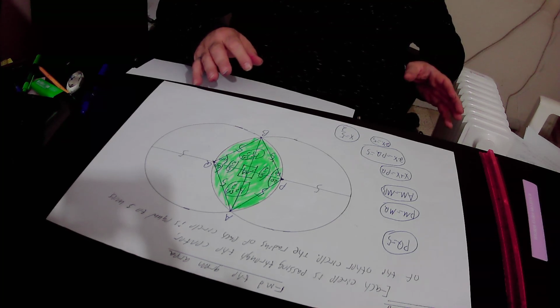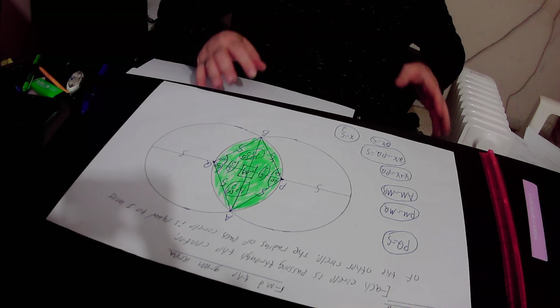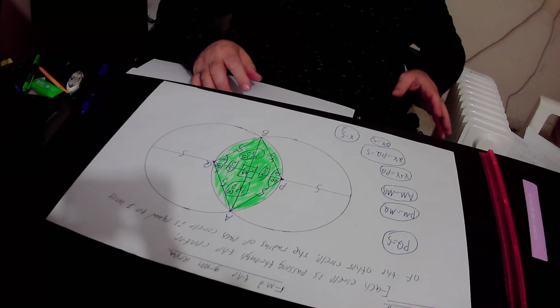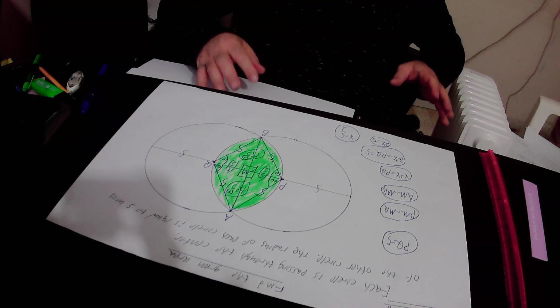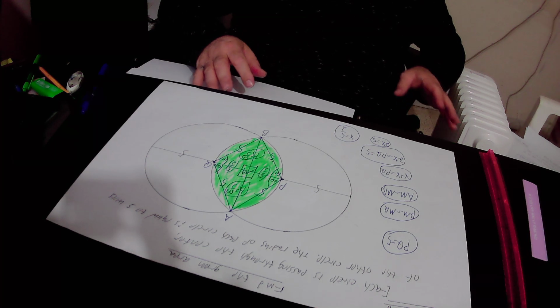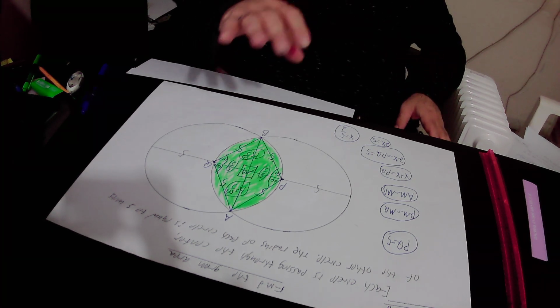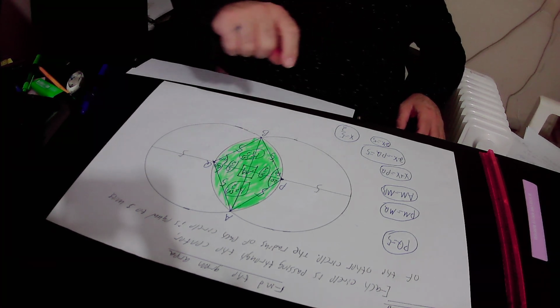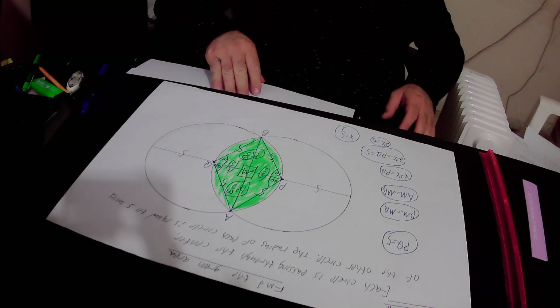A square is a quadrilateral with 4 right angles, but any quadrilateral that doesn't have 4 right angles, but all of its sides are equal to each other, will be a rhombus. Like in this example, APBQ is a rhombus.